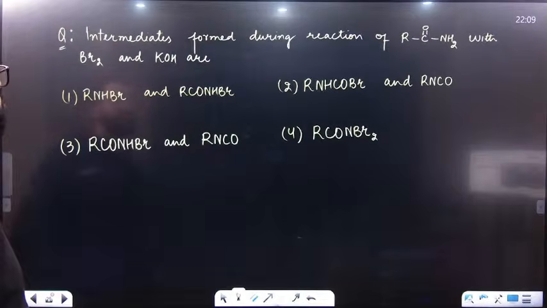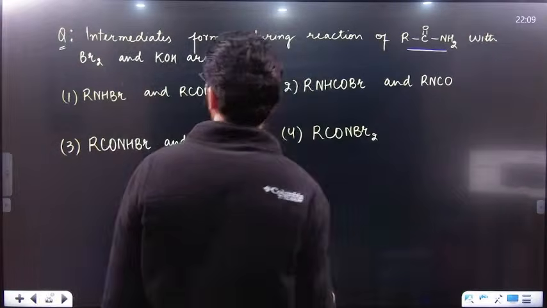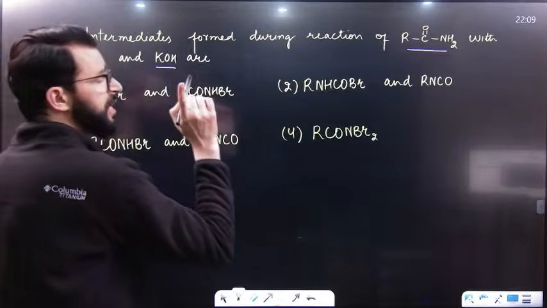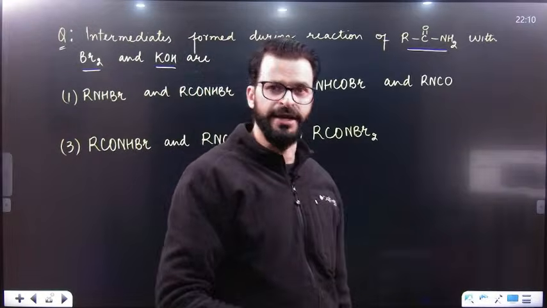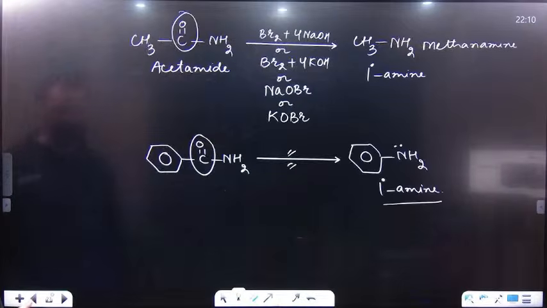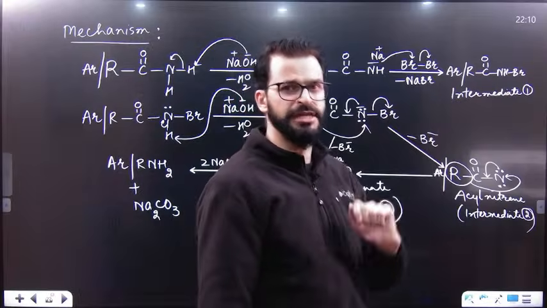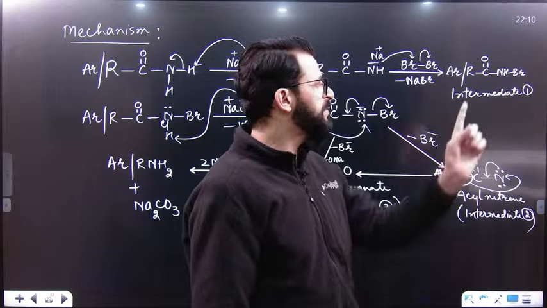After that, it's another question. The asked question is like this: intermediates formed during reaction of amide with Br2 and KOH. Which type of reaction is this? Hofmann bromamide. Now, in Hofmann bromamide reaction, I have already written over here what the intermediates are. It can be RCONHBr or ArCONHBr, that means N-bromamide.